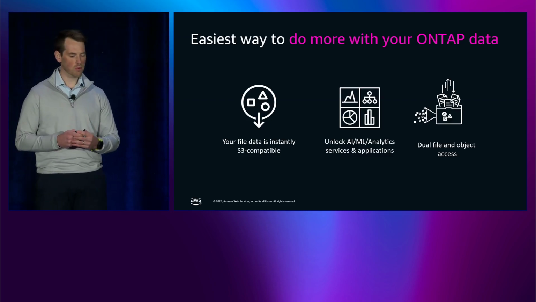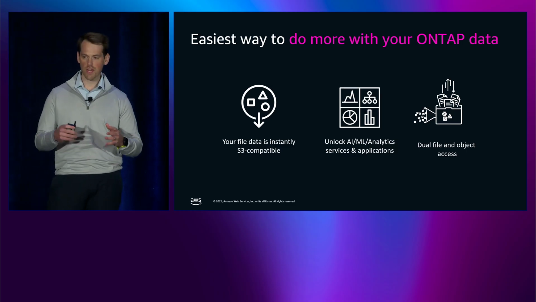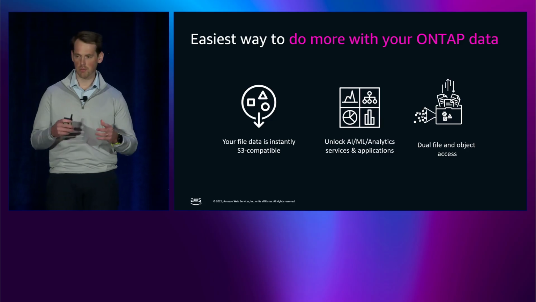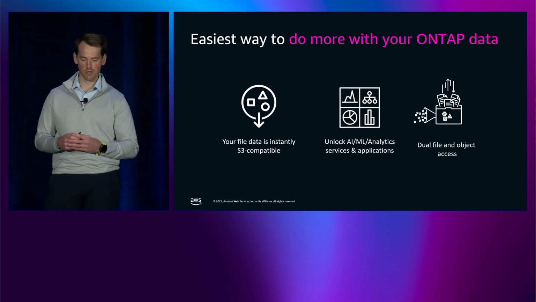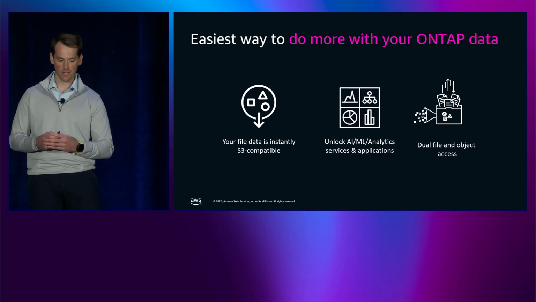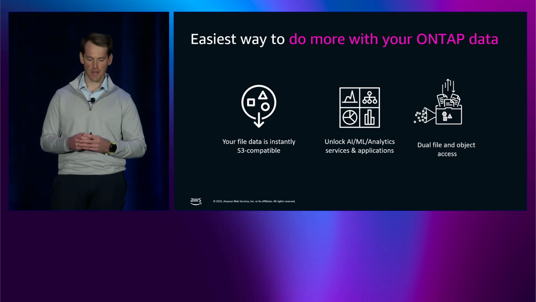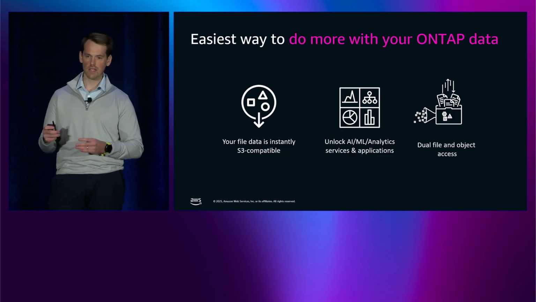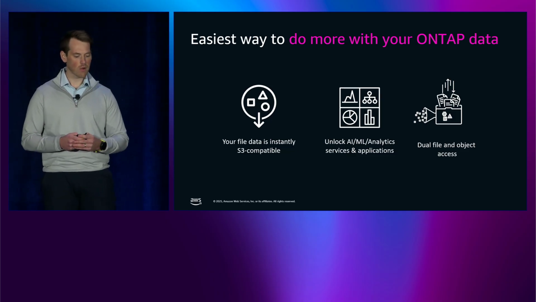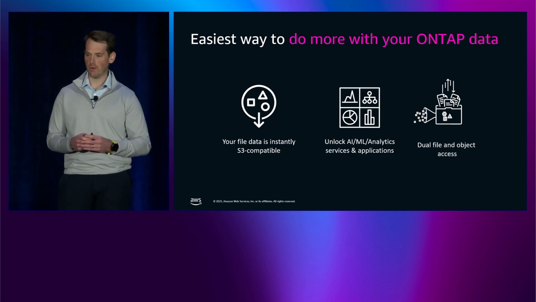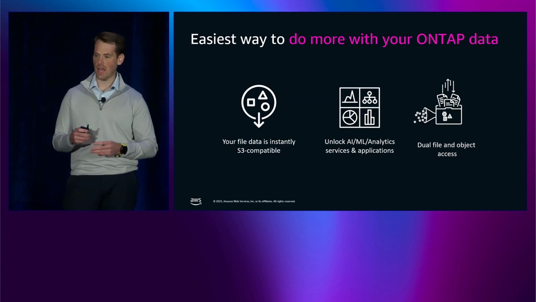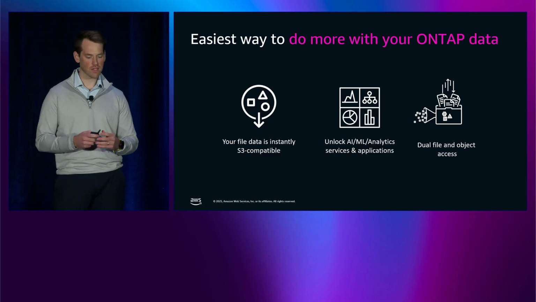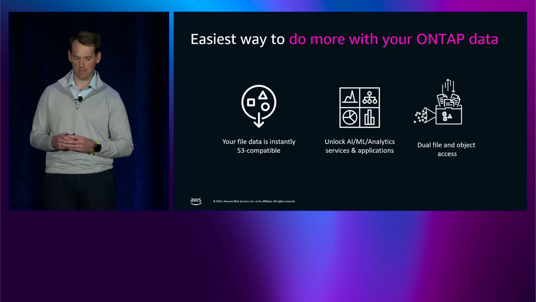With S3 access points for FSx ONTAP, all of that rich enterprise file data that we just talked about, from departmental shares to clinical research data sets and financial trading data, is instantly S3 compatible, meaning it's accessible via Amazon S3 and the S3 API, and can now be seamlessly connected with a wide range of AWS analytics, AI, and compute services, all without having to take your data out of your ONTAP file systems.